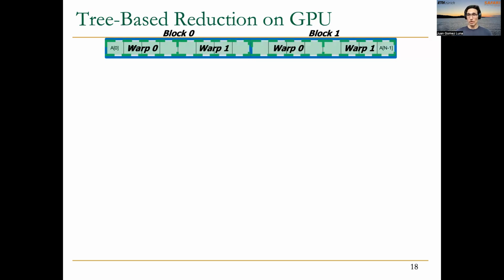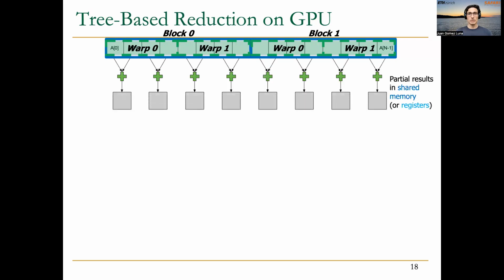Now we are going to have threads in these warps performing the partial reductions or partial sums that are going to result in some partial results that we need to continue reducing later. Here in the GPU, the temporary storage is typically going to be in the shared memory or scratchpad, or in the registers that each thread has been assigned.